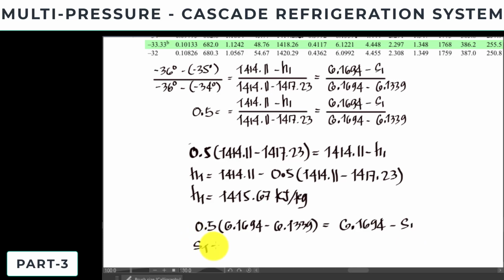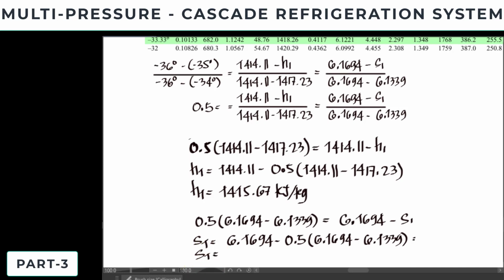To get your entropy at point 1, let's transpose this: 6.1694 minus this value, so S sub 1 is equal to 6.15165 kilojoules per kilogram Kelvin.